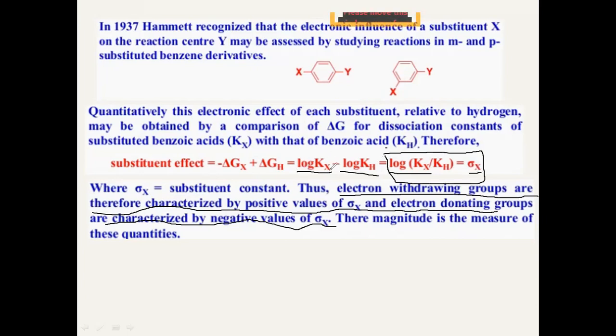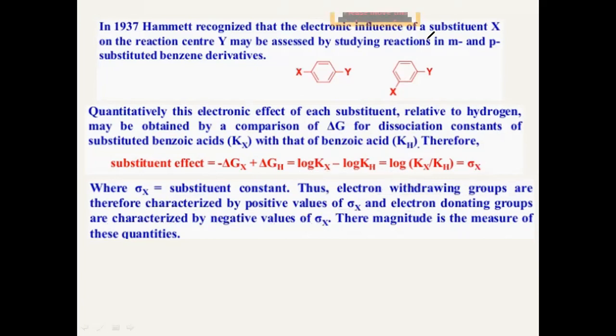And log Kx is the equilibrium constant for the substituted benzoic acid. And if we see in our table, if this x is an electron withdrawing group, then the ionization of benzoic acid will be greater, meaning the K value will be large. Okay, fine. I hope you have understood.